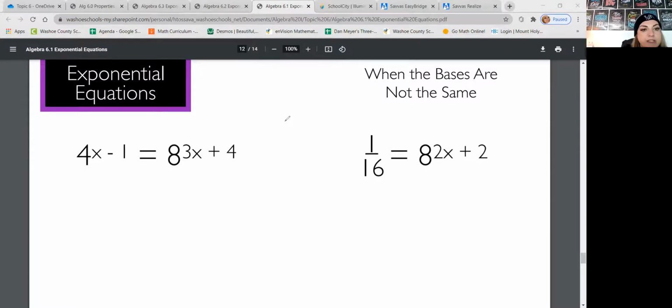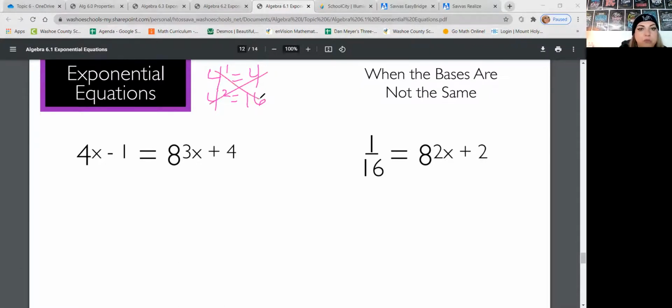We can't rewrite 8 with a base of 4 because 4 to the power of 1 is 4, 4 to the power of 2 is 16. We've already passed up 8. We've skipped it.